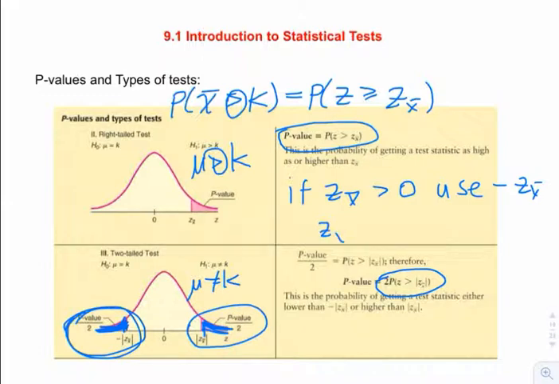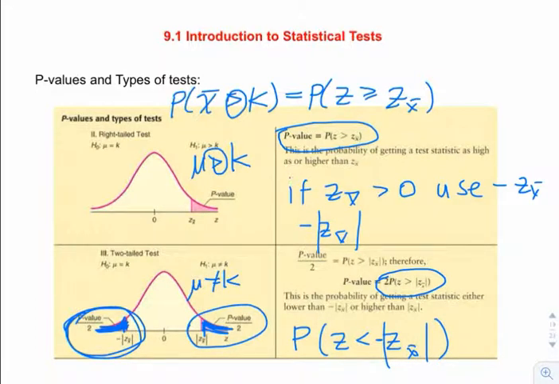Whatever z x bar is, take the absolute value, make it negative. Use that and we will double it. So the probability that z is less than the negative absolute value. We want to make sure it's negative.